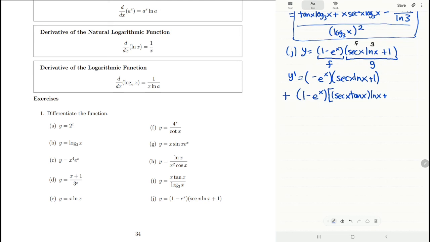And then we add it to secant of x times the derivative of the ln of x, which is 1 over x. And then we add it to the derivative of 1, which we know to be 0. And so this is our derivative. Okay, and if you want, you can expand out the terms, but we will leave it as this for now.